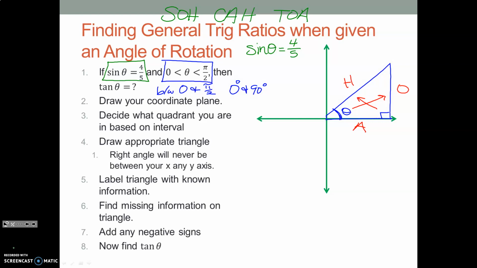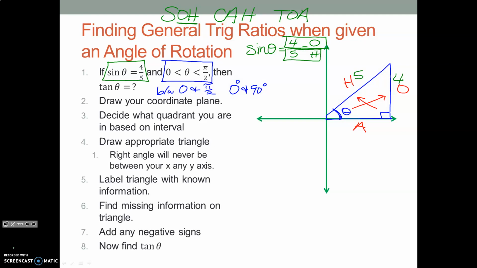So my sine is my opposite over my hypotenuse. Okay. So what they've told me is that my opposite side is going to be 4, so this side here, the opposite, is 4. And my hypotenuse is 5.